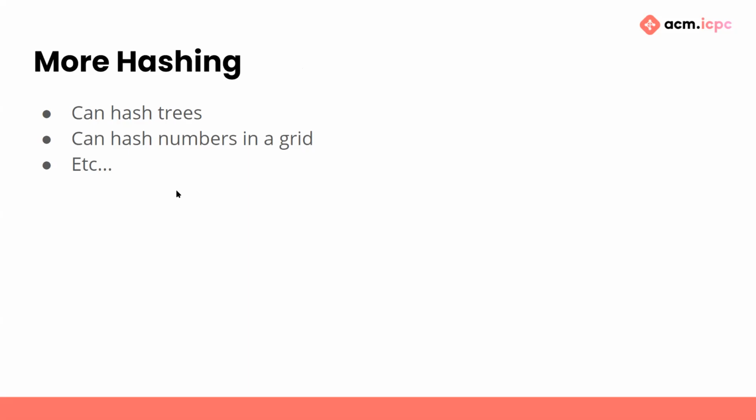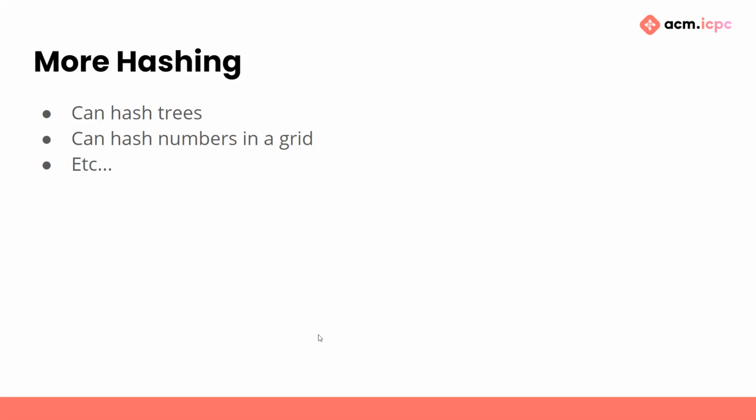You can start at the root of the tree, and if you're going to a left child, you multiply by some base and then mod by some modulo. And if you're going to a right child, you multiply by some other base, and then mod by some other modulo. Hopefully that gives you a unique value. And if there's weights, then you can also factor that into your hash.